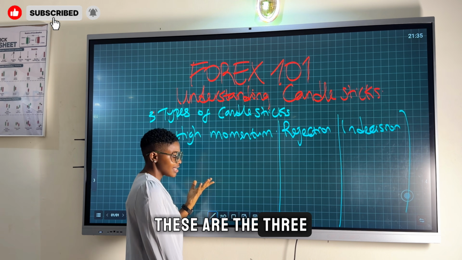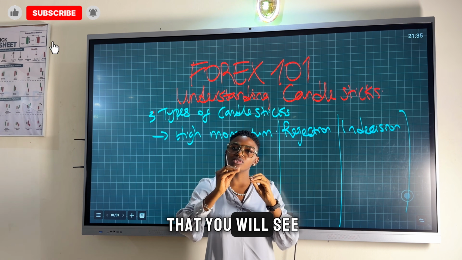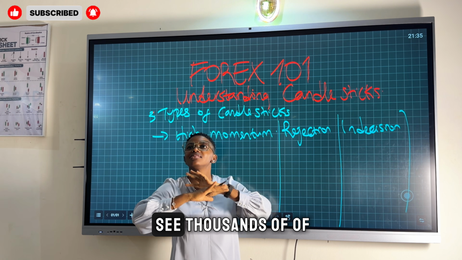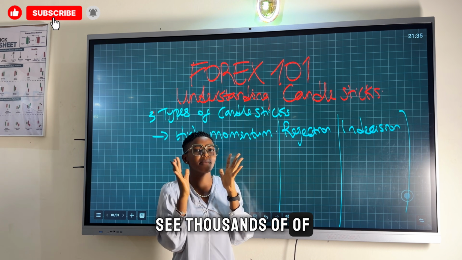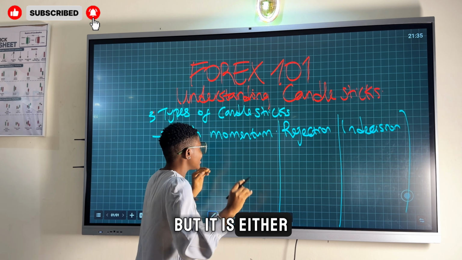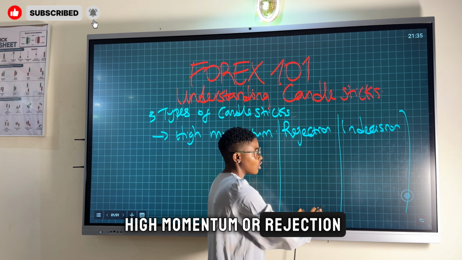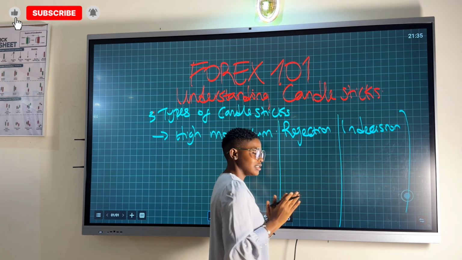These are the three different types of candles that you will see in the market. When I open the chart, you will see thousands of candles, but they will fall under high momentum, or rejection, or indecision.